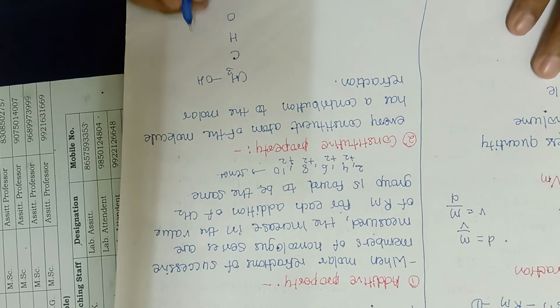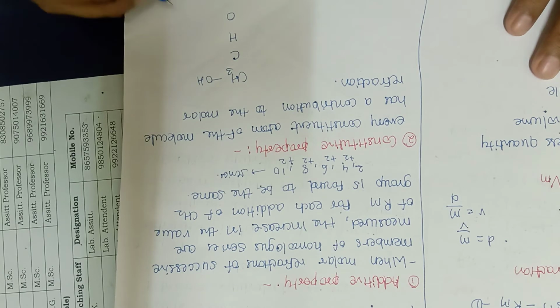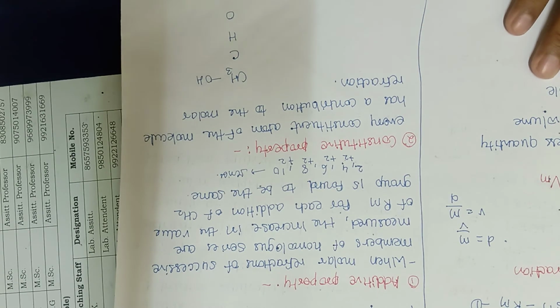These are its constituent atoms. Every constituent atom of the molecule contributes to the molar refraction. These three atoms we take into account in calculating molar refraction. So this is a constitutive property.